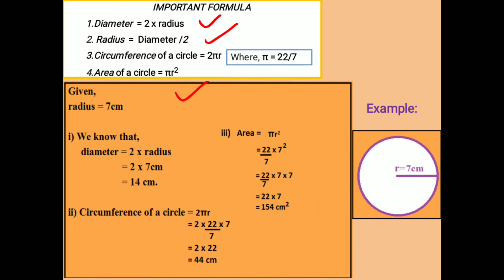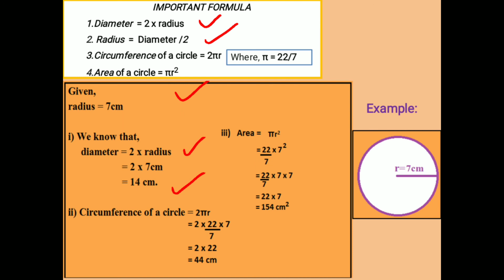That would be diameter is equal to 2 into radius, that comes from the important formula above. We put the value of radius as 7 cm as given by the figure, and finally multiplying that we get 14 cm as the diameter of this figure.